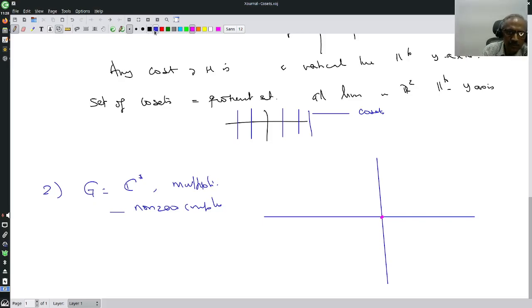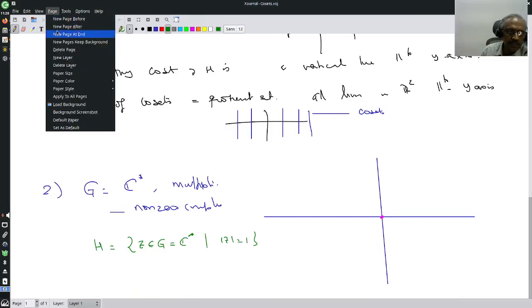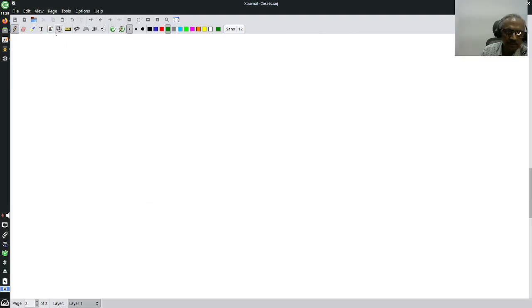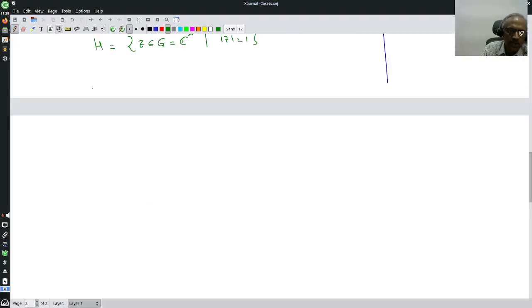Now as a subgroup, I am going to start with H equal to all complex numbers z in C star such that modulus of z equal to 1. Now I want to understand, suppose a is a point in C star, then I want to look at aH.